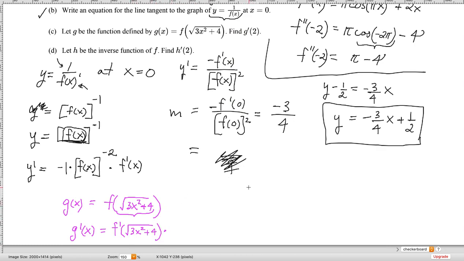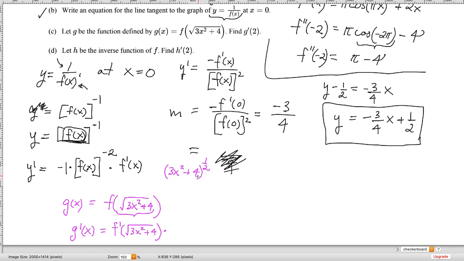So let's work on the derivative of that inner function just on the outside for a second. That inner function is 3x squared plus 4 to the 1/2. I took the radical and made it an exponent to make it a little bit more clear as to how I'm going to differentiate this, because remember, I still have to multiply by the derivative of the inside by chain rule.